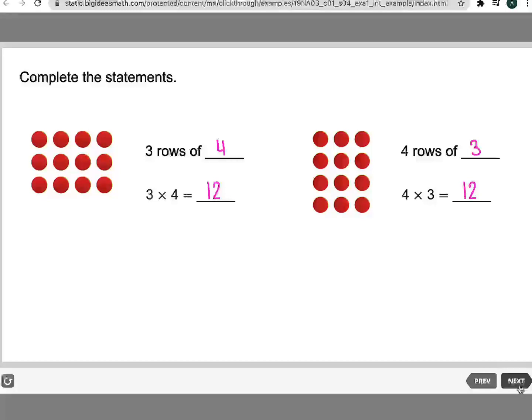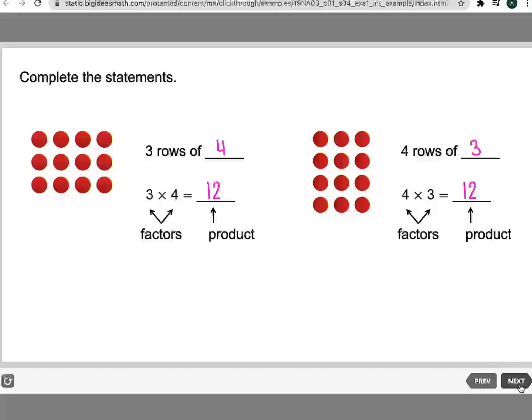Okay, so here 3 and 4, the numbers that we are multiplying, we call them factors. And the answer, we call it product.